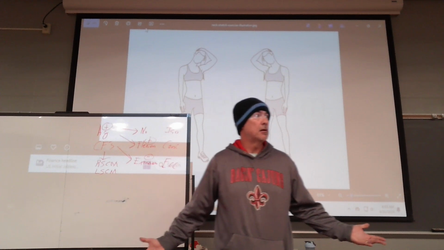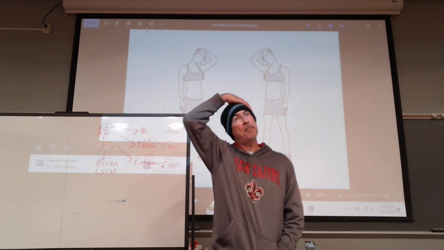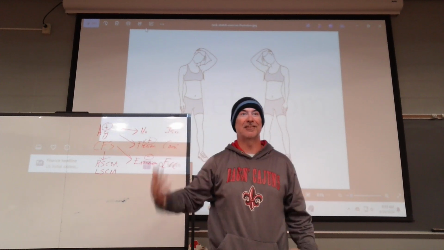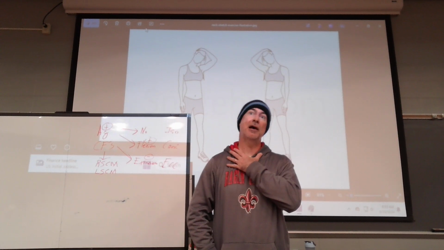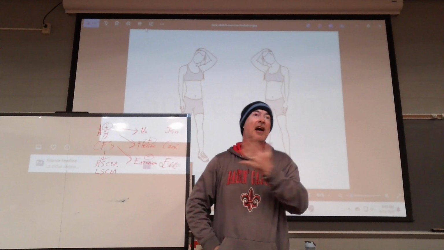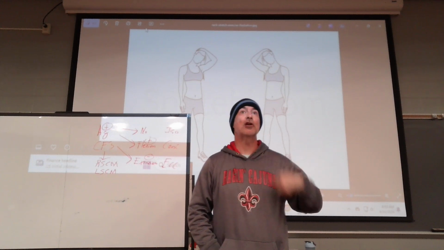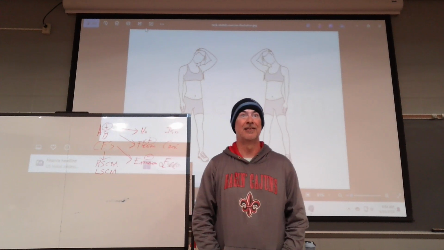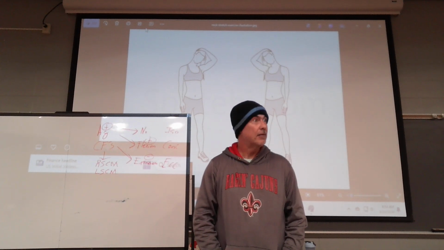Kind of common sense. So if I bend my neck to the right, I'm stretching muscles that pull to the left. And if I bend my neck to the left, I'm stretching muscles that pull to the right. Guys, do it. Put your left ear to your left shoulder and feel the stretch on the right side. Okay?